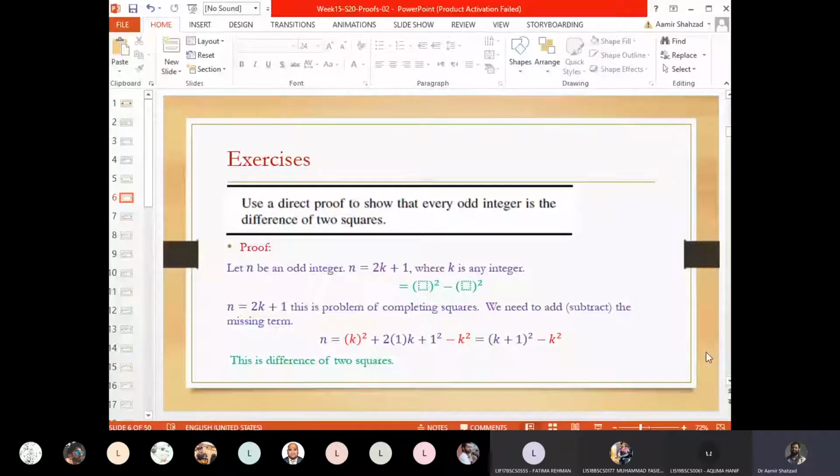So 3 is 2 square minus 1 square. 3 is equal to 4 minus 1. 5 is 9 minus 4. 9 perfect square, 4 perfect square. 7 is 16 minus 9. 9 is 25 minus 16. 11 is 36 minus 25, and so on.